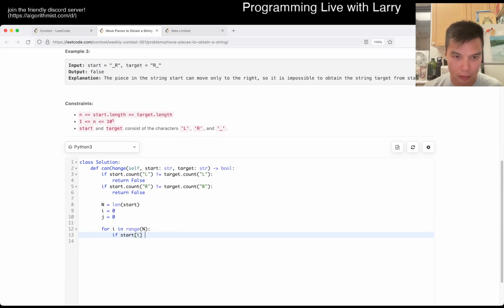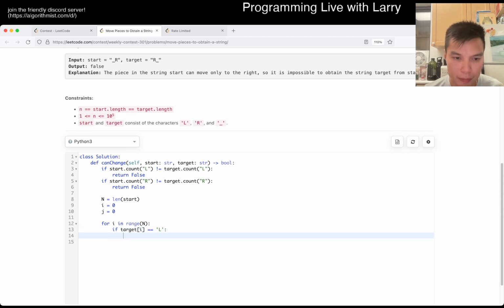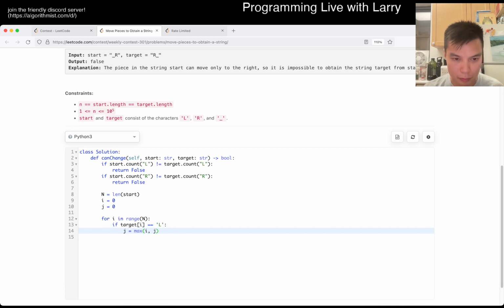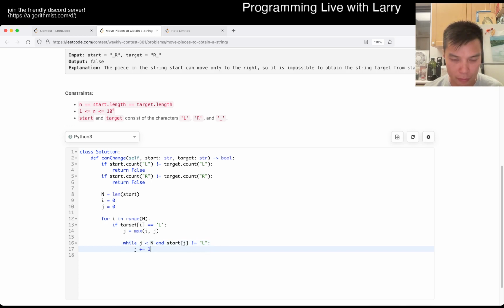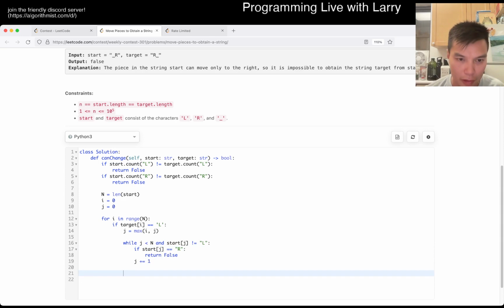Yes. Nope. Oh, they're the same. So we can do increment by 1. Okay.